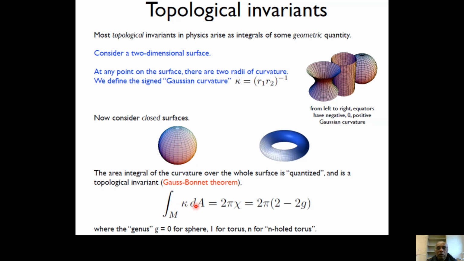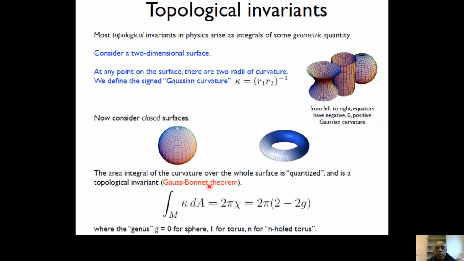If you take the integral of this geometrical curvature with its area, over the entire surface, they found that this integral is actually quantized. So the area integral of the curvature K over the whole surface is quantized by this number X. X can be some quantized numbers, right?